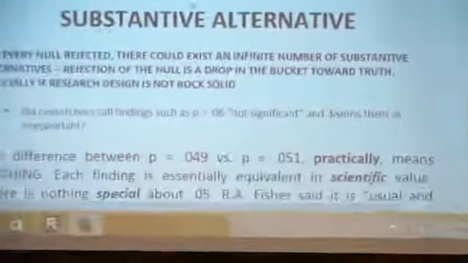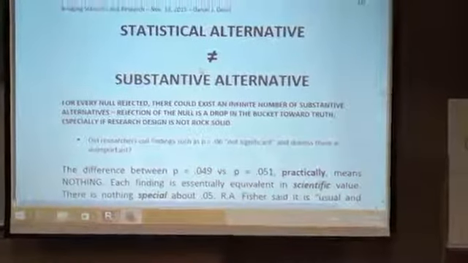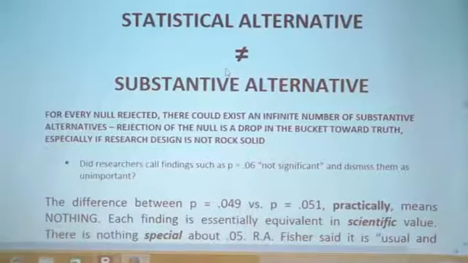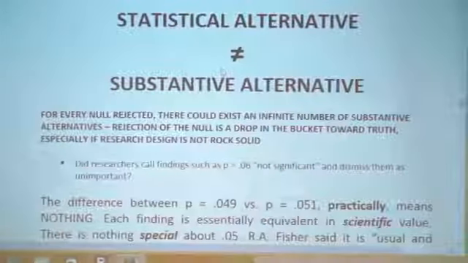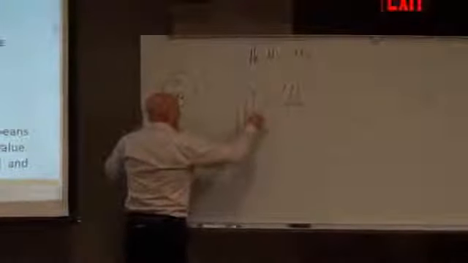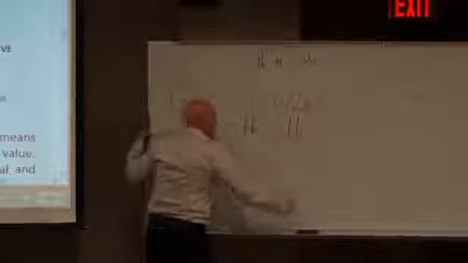Statistical alternative does not equal the substantive alternative. They're not the same thing. What's the statistical alternative? The statistical alternative is an expression of not the null. So if I take the null hypothesis and I reject, I'm going to infer the statistical alternative, which is a statement of not the null.